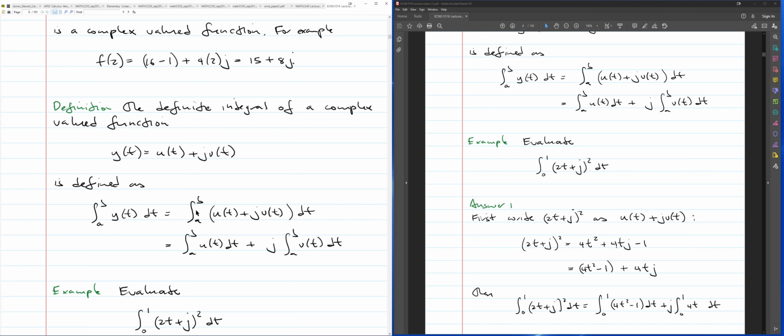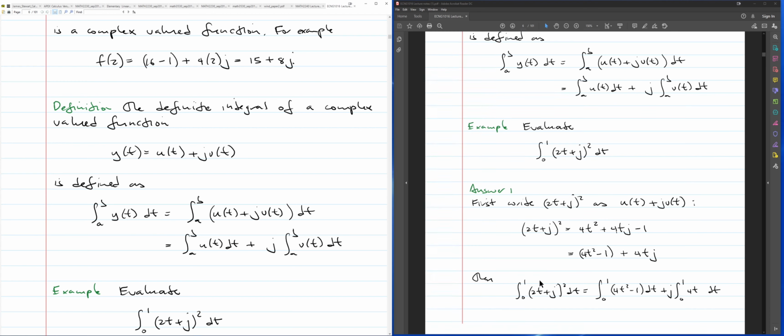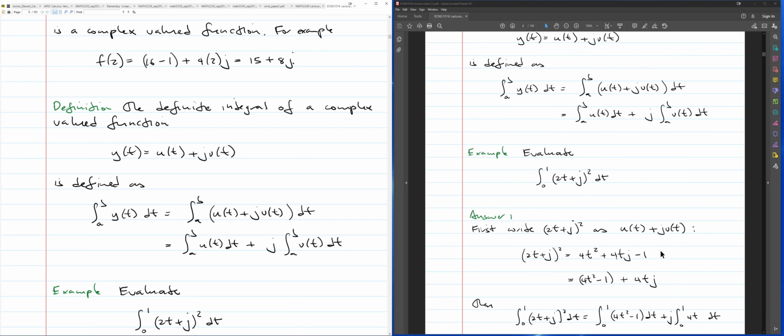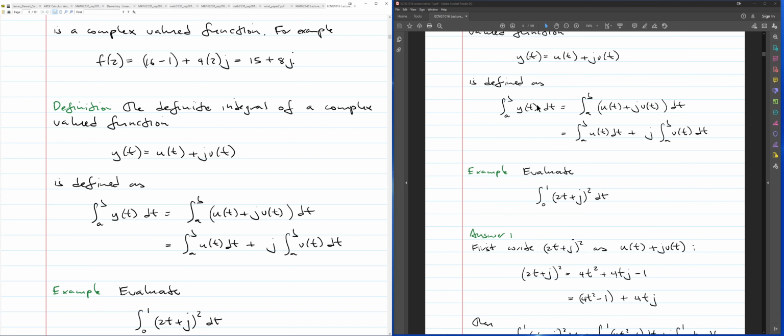So now that's in this form over here, u of t plus j v of t. If I want to integrate this 2t plus j squared, I can do it as above: I expand it out, and I integrate the real and imaginary parts separately, as specified by this definition, which tells me how to integrate something that is complex valued.